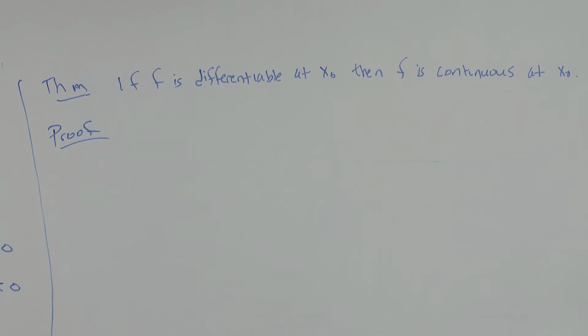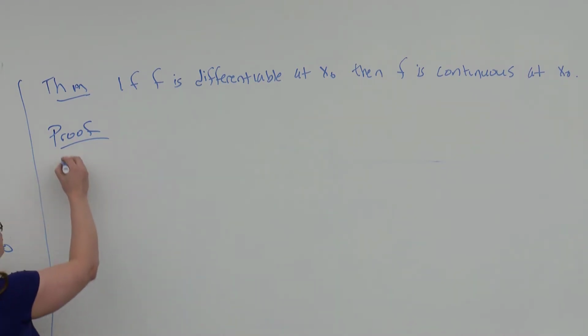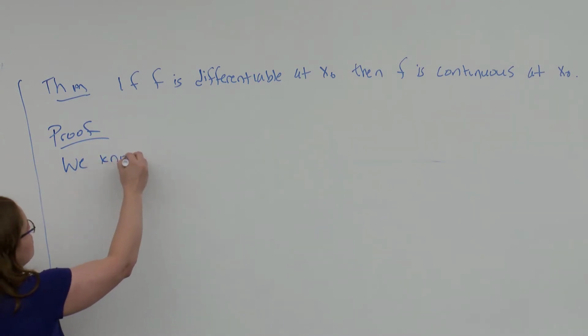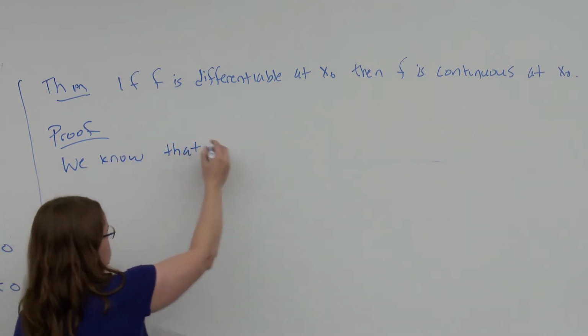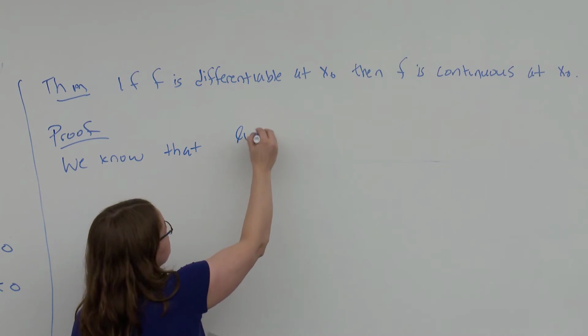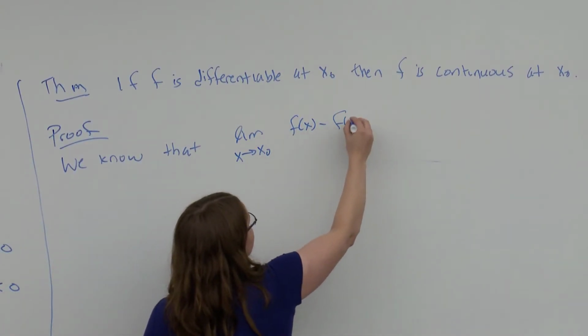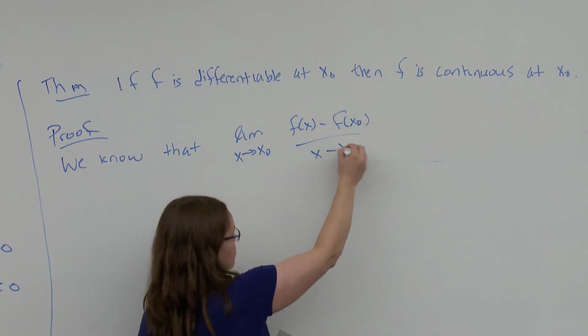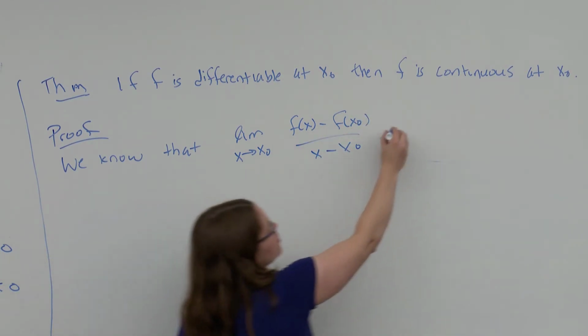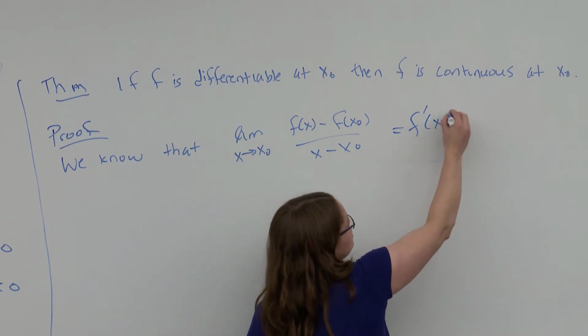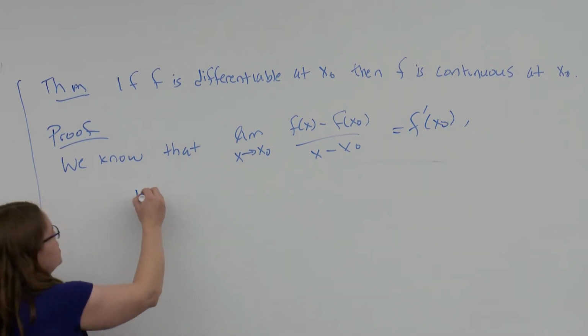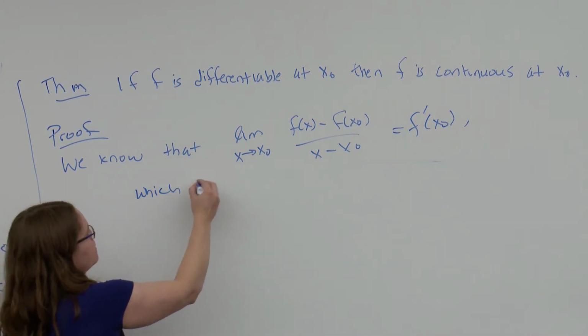That means there's a particular limit, the limit that defines the derivative, that exists, and we can write that down. So we know that the limit as x approaches x naught of f of x minus f of x naught over x minus x naught exists. This is equal to f prime of x naught, which is some finite value.